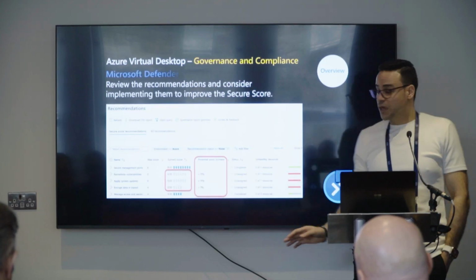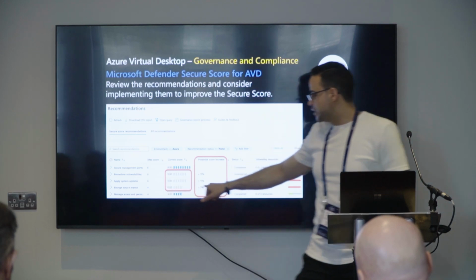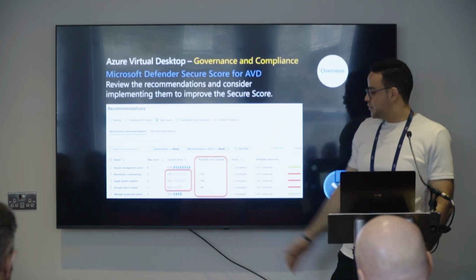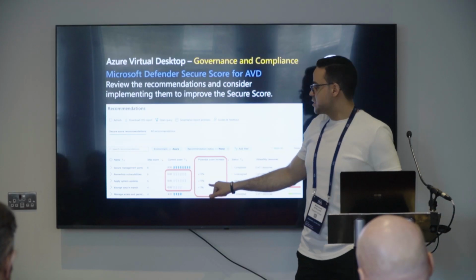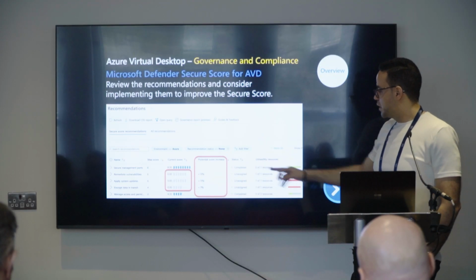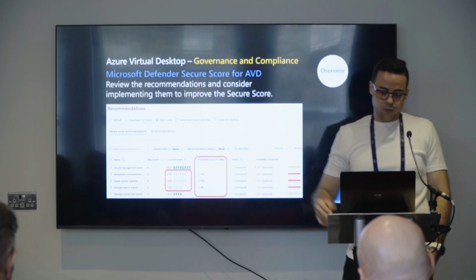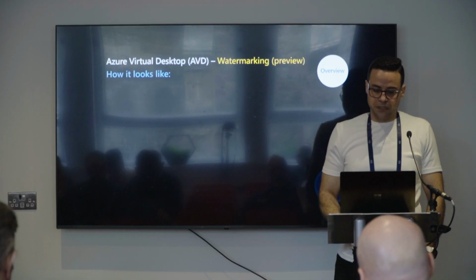Whenever you jump into the unhealthy resources, you're going to see, for example, that my system is not being updated at all, and that's why I don't have any security added. And whenever I add this, I'm increasing my secure score by 11%. Again, I have to take the assignment, I have to take action, and once I improve it, that's where I add a lot of value.